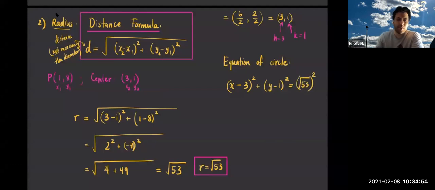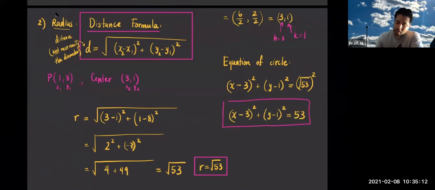But when you square something that's the square root, you cancel out the square root and the square. So then the final answer would be x minus 3 squared plus y minus 1 squared equals 53. Okay.